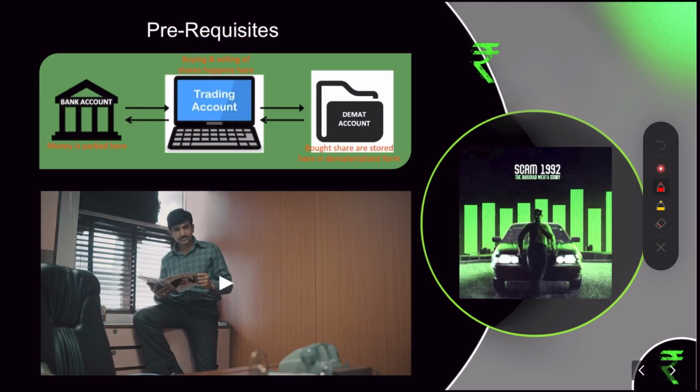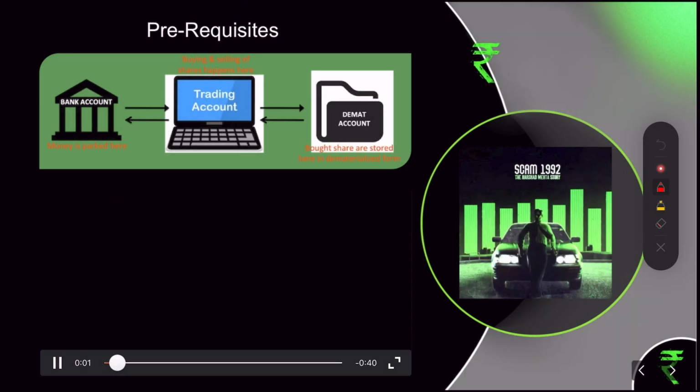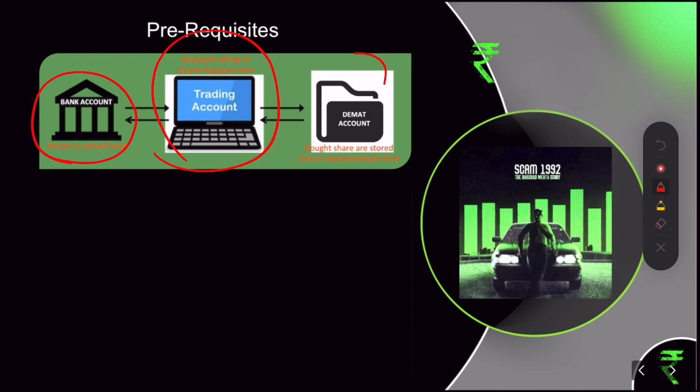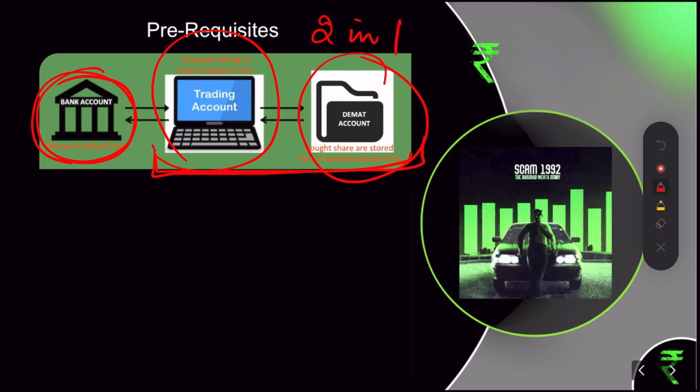Now we'll be looking at the prerequisites of the stock market. The absolute prerequisites include a bank account, a trading account, and a Demat account. Most of you would already have a bank account. You will have to open a trading and Demat account so that you will be able to participate in trades in the stock market. But don't worry, this is a 2-in-1 process.